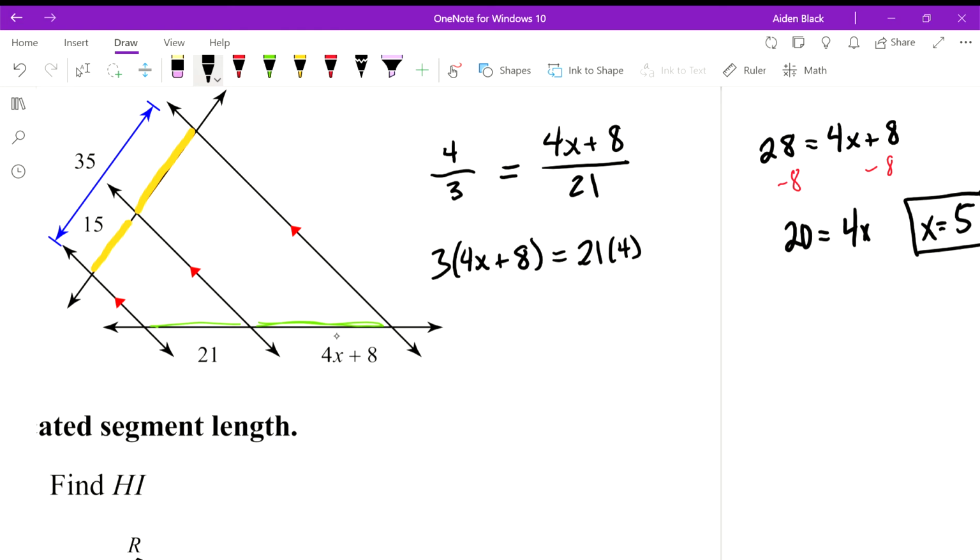That's 84 is equal to 12x plus, what is 3 times 8? 24. Okay, subtract 24 from both sides, you get 12x equals 60. Cool, x equals 5. See how it works either way? Just have to check your numbers.